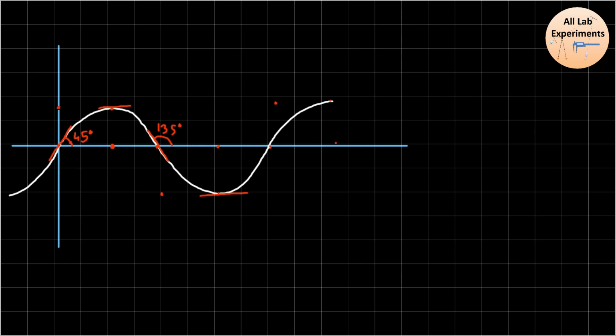Now let me draw this. A little bit noisy, but yes, this curve belongs to sin x, and when we took the slope of sin x, this gives us the cos x.